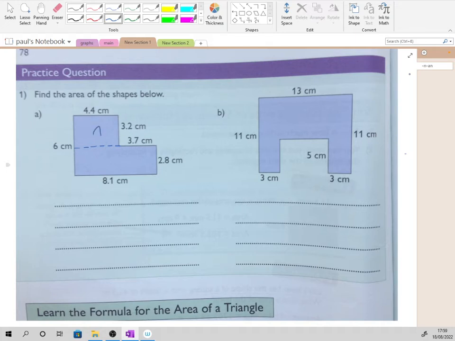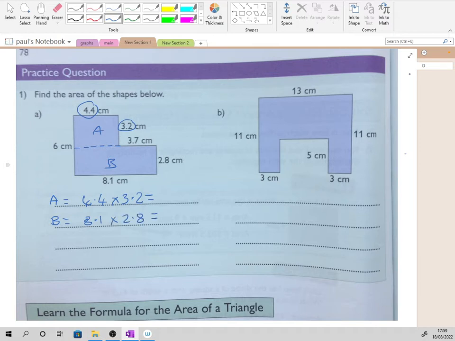We're going to chop this up into A and B. So area A is going to be 4.4 times 3.2, and area B is going to be 8.1 times 2.8.